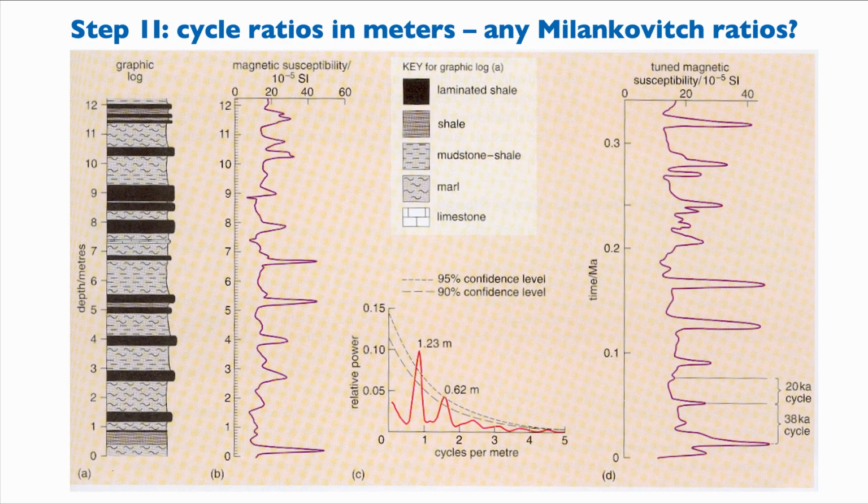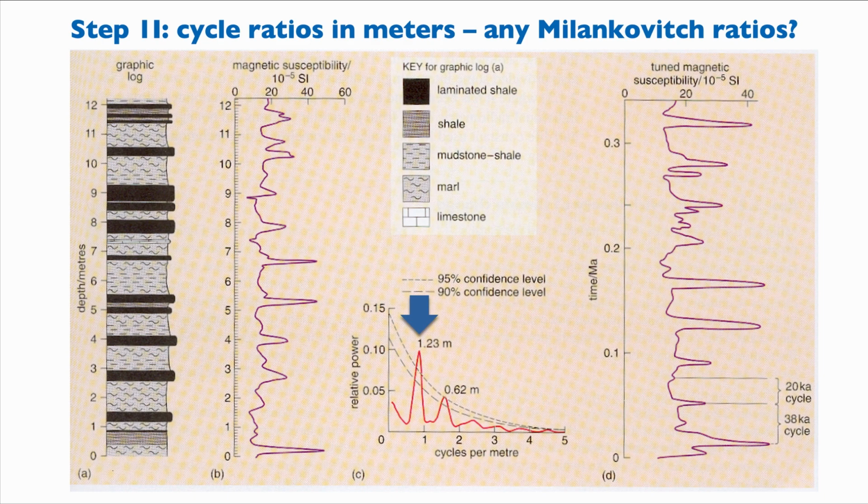The second step is to look at the cycle ratios in meters and see if they correspond to any Milankovitch ratio. So for instance, here we're looking at a magnetic susceptibility record in a section, and that's in meters from 0 to 12 meters. And if you look at the frequency of the occurrence of those laminated shales versus the mudstone or shales, you can see that we have one first peak of occurrence at 1.23 meters, so that could be your first rhythm or your first cycle.